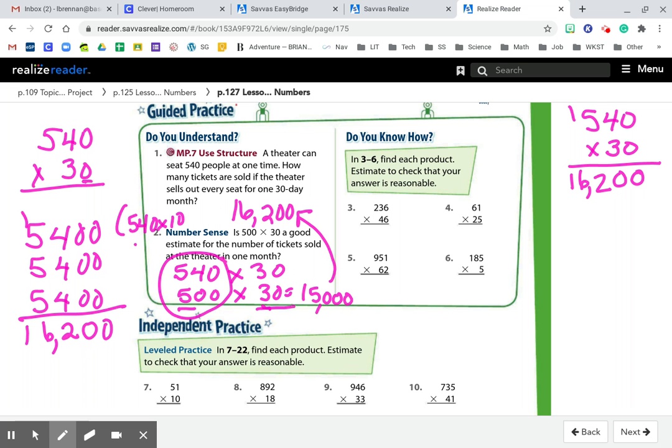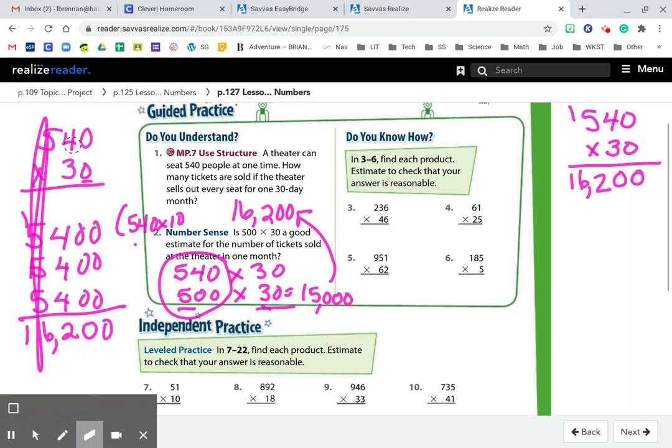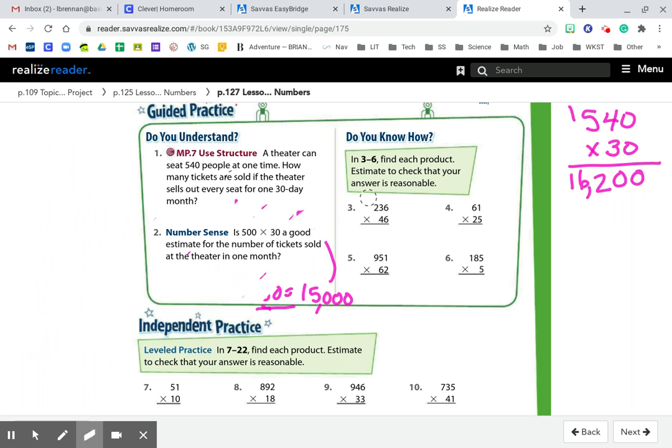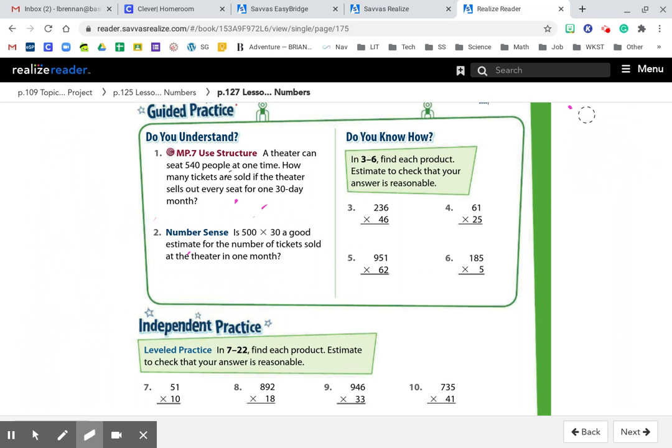So now you're going to notice that in your math, there's not a lot of problems. You really need to have a notebook to do this. There's just not enough space in your textbook to do these. And you can check your work on a calculator. I would advise that.